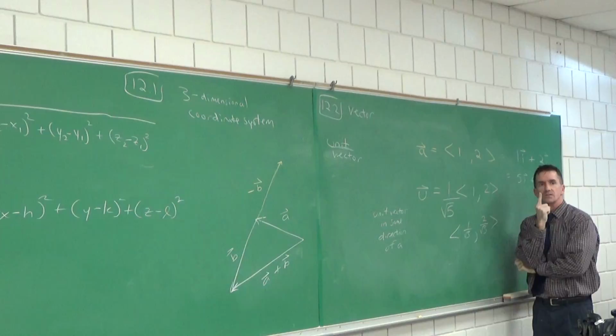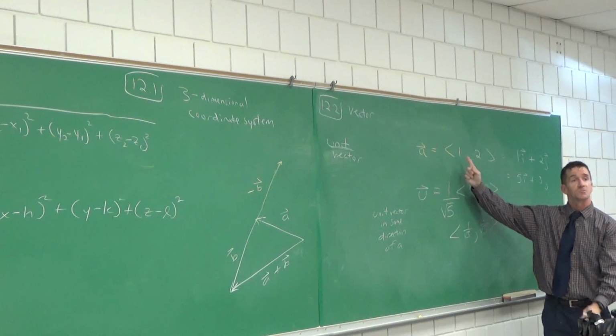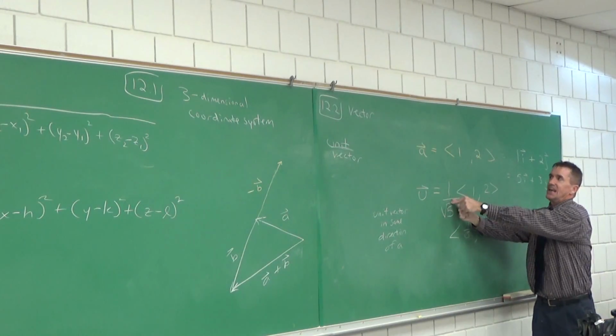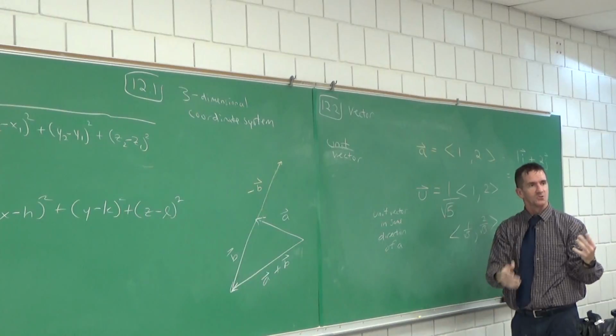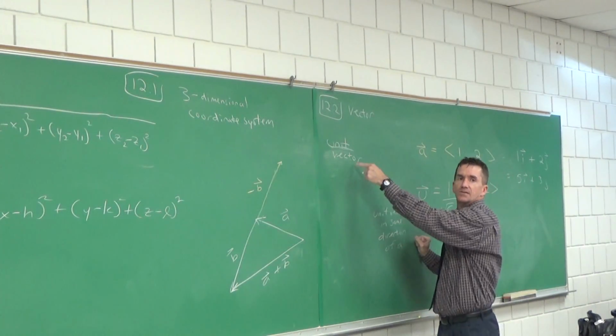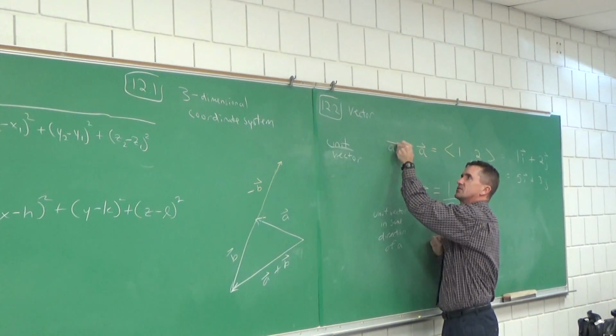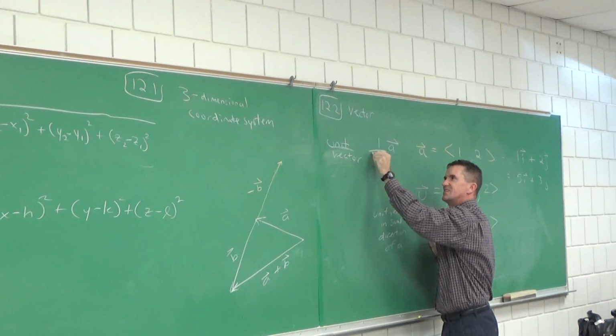Its length is how long? Like if I drew it and measured the length with a measuring tape, it's got a length of 1. But it still has the same direction as what? This. It's a scalar multiple of this. That's what's cool. So let's put down a little formula. It's on the formula sheet. What's the formula for any unit vector in the direction of any vector A? You take vector A, but you always divide out the what?